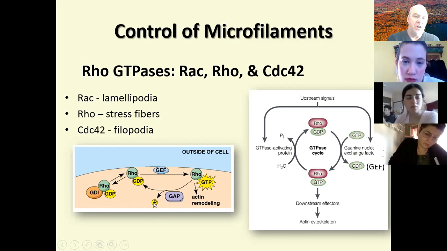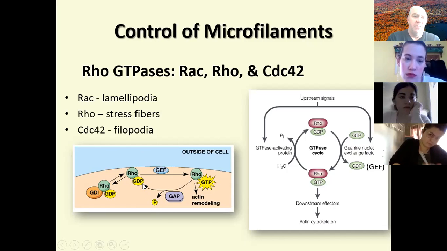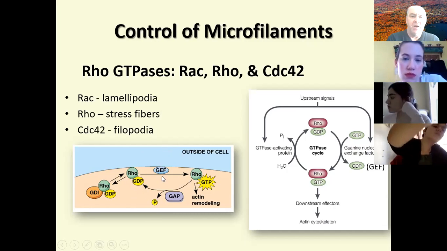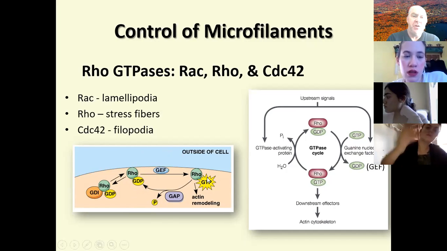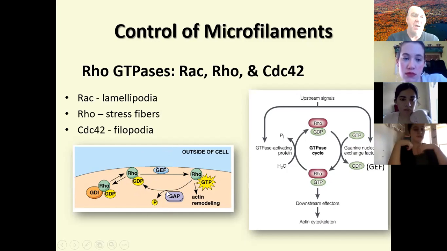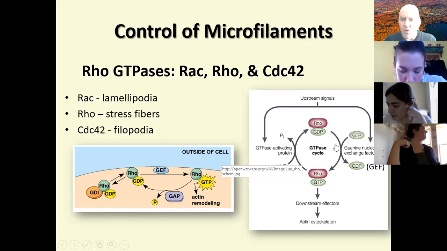So GTP comes off, and now Rho is inactive again, ready to be active again. If the chemical is still out there, it'll get activated again by picking up GTP, and GAP will shut it off, and turn it on and shut it off. So this is called G protein cycling. As long as you've got chemical out there that's activating the receptor, it'll keep cycling like this and causing actin remodeling.